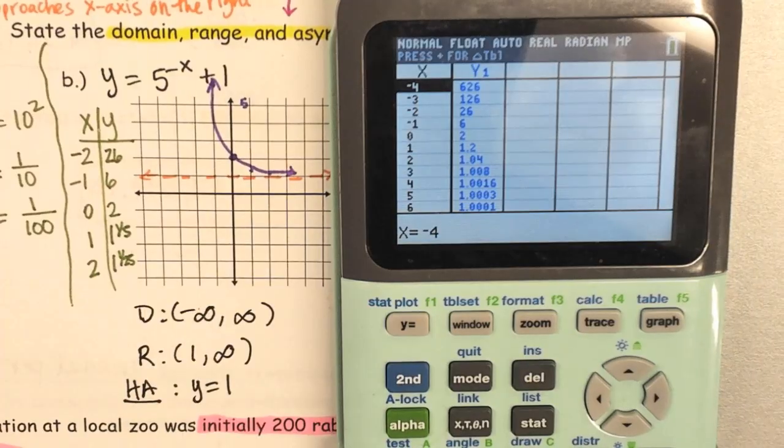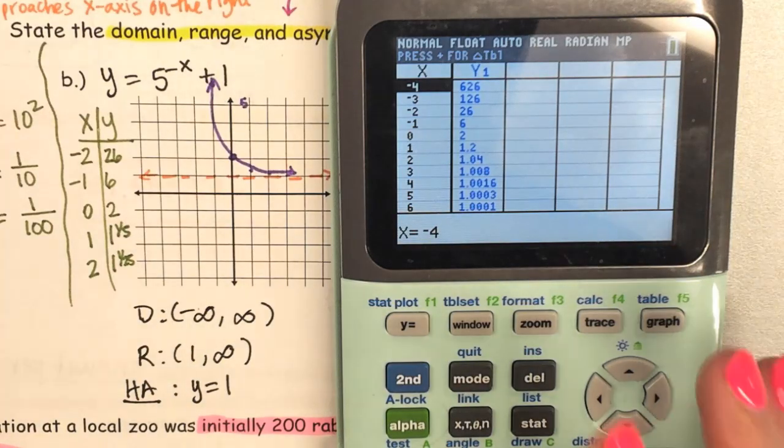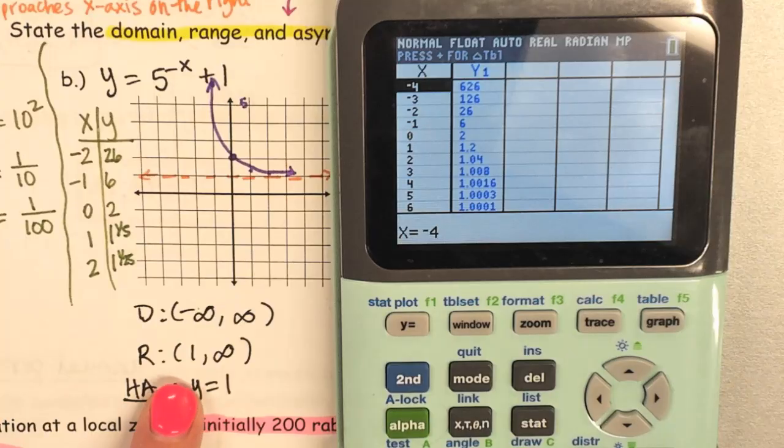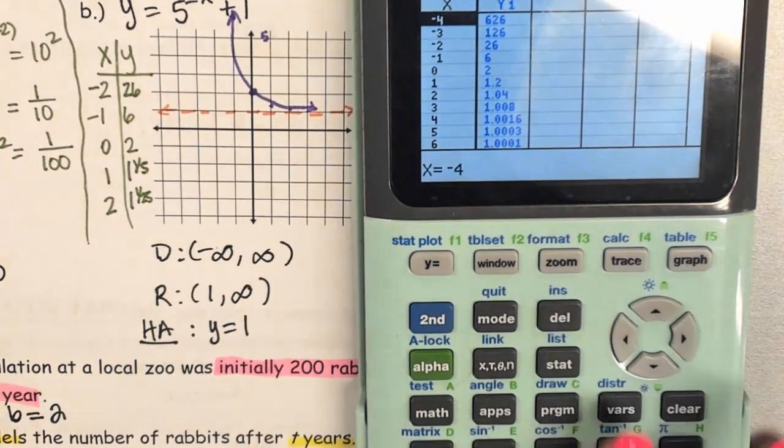So with rational functions, they could cross, okay, with a horizontal asymptote in an exponential function, it will not cross. So that's why our range here is 1 with a parenthesis and not with a bracket.